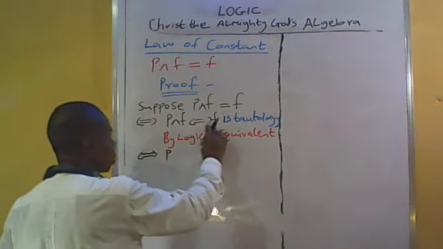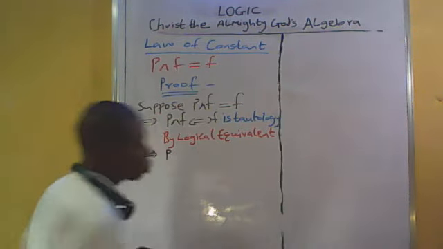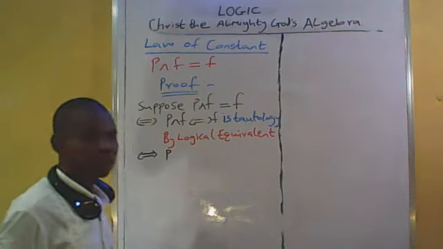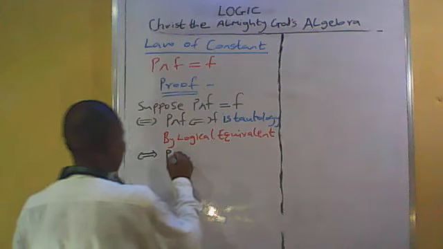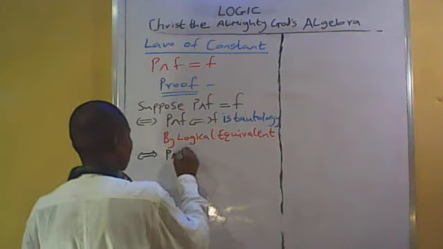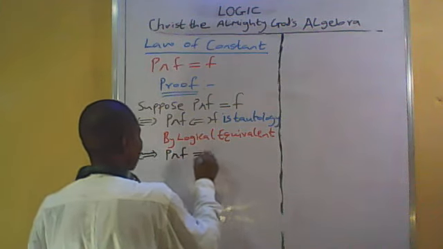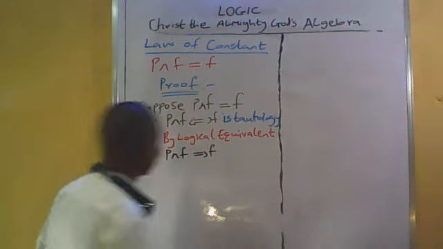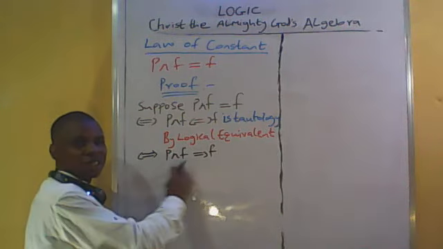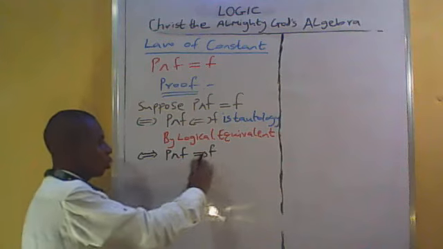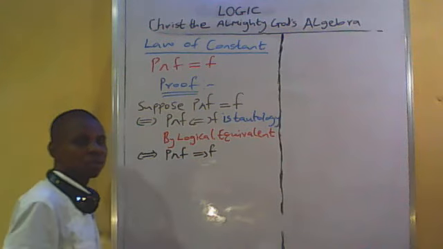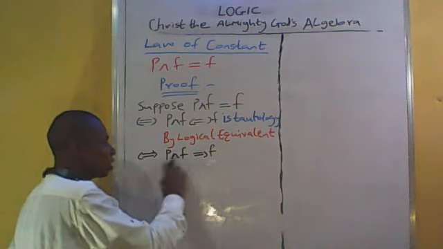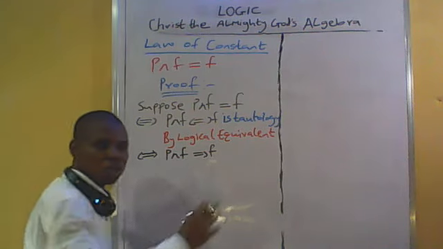You can also transform this expression to a conditional statement and it will still return a tautology. That is, P and F implies F. You find out that whenever the antecedent is true, the consequence must also be true. So there is no possibility of getting falsity, always truth.